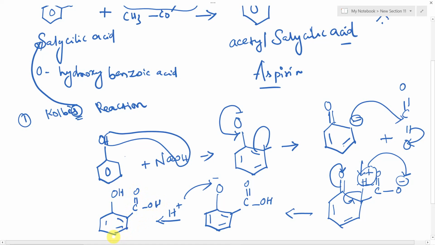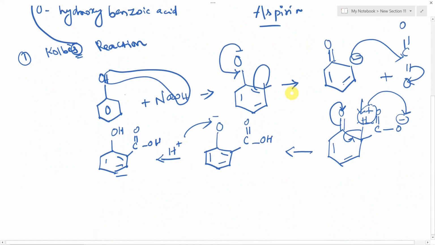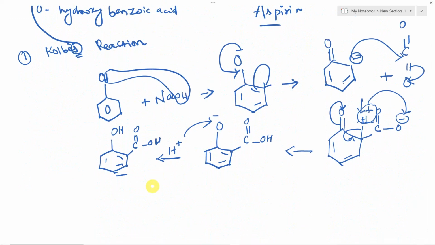So this is called salicylic acid. Right? This is salicylic acid. So this salicylic acid we are using here. When this salicylic acid is acetylated, it gives acetyl salicylic acid. So now we know how to prepare salicylic acid from phenol. It can be asked in a conversion too, right? That is called Kolbe's reaction.